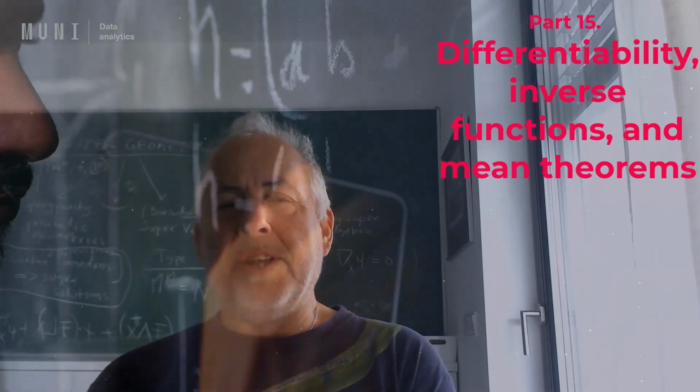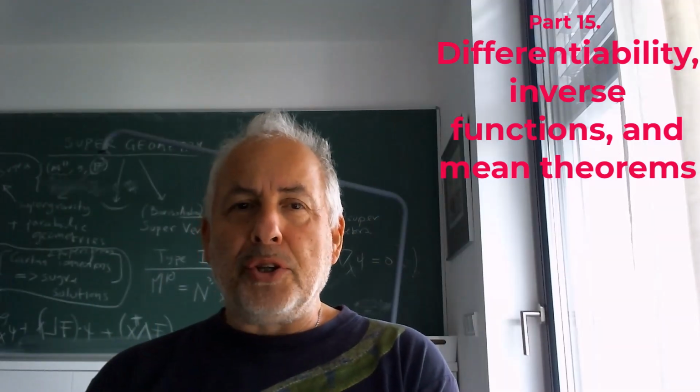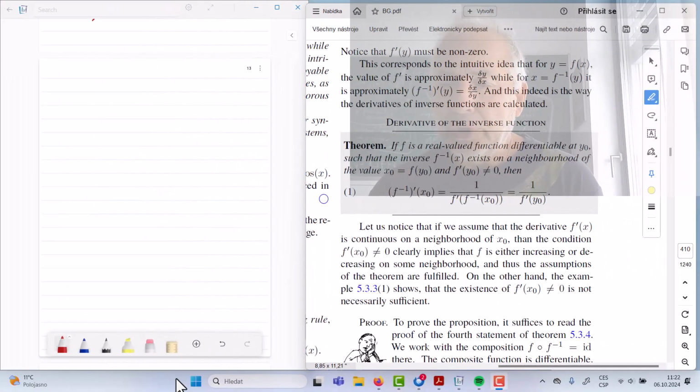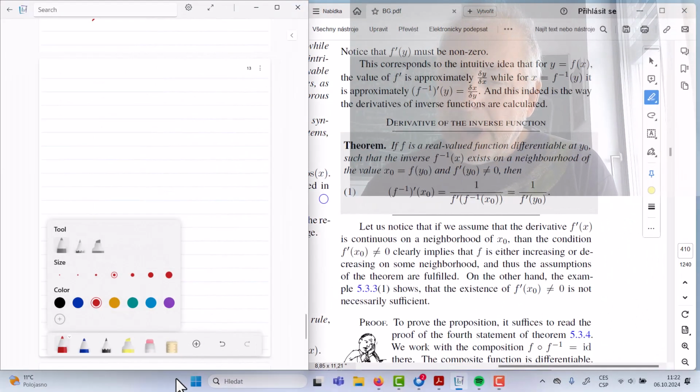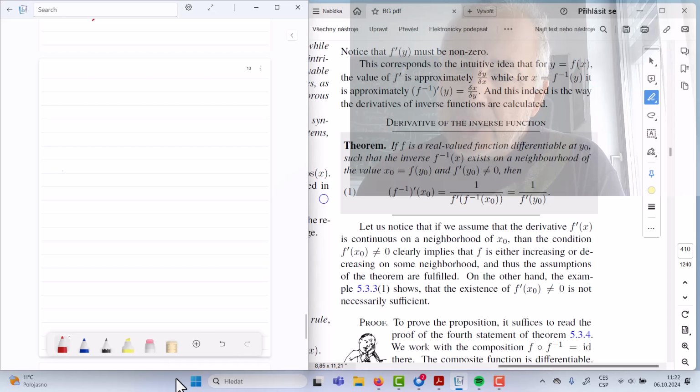Second part of the analysis this week, and we shall start with differentiability. It's very advantageous to introduce the functions of the class C1.